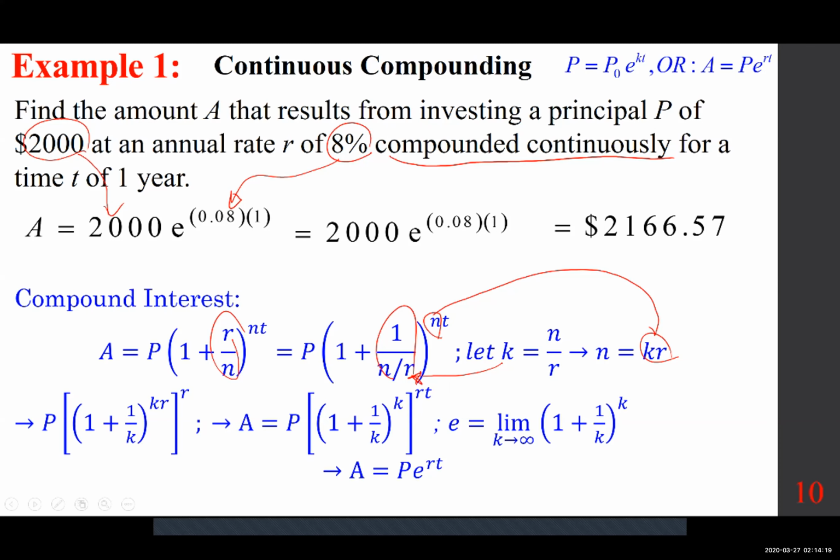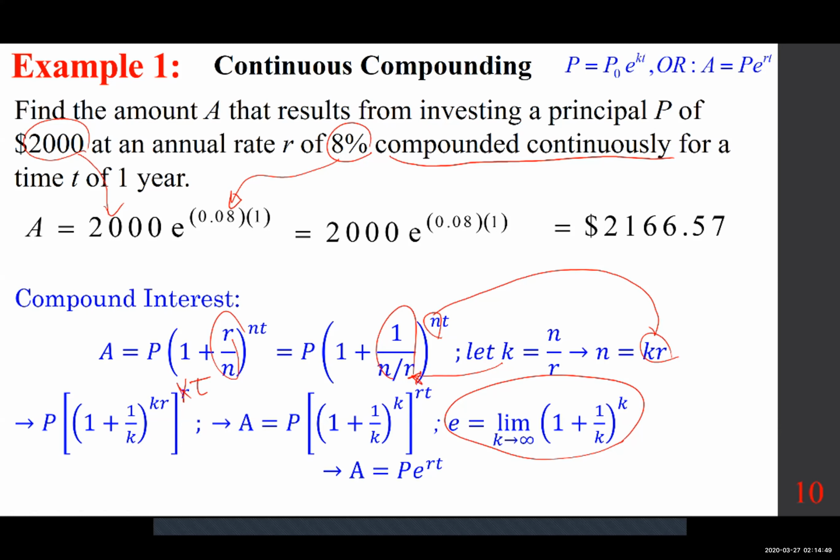This one is T. And so you get P times 1 plus 1 over K to the power of K to the power of RT. And that is the definition of E. I think we mentioned it at some point. This is the way we proved it in college algebra. We look at a more detailed proof using calculus later.